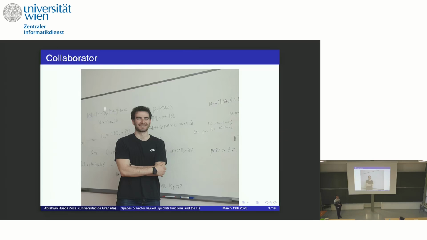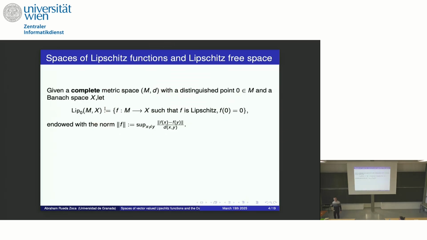Okay, let's begin introducing necessary definitions. We will introduce the Lipschitz free spaces and Lipschitz function spaces. We will consider complete metric spaces M. This is not any loss of generality, and we will consider a distinguished point in our metric space, which we call 0 for convenience.